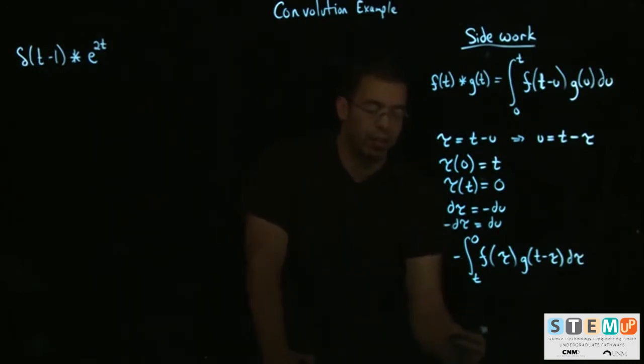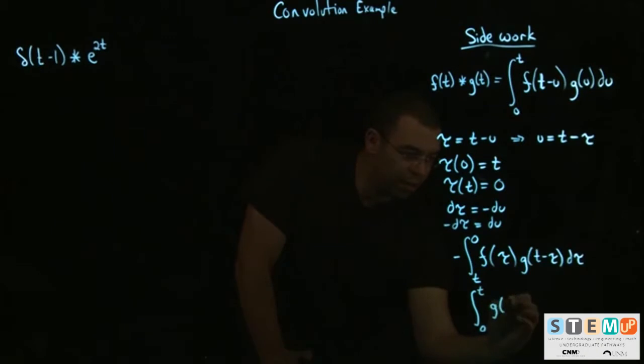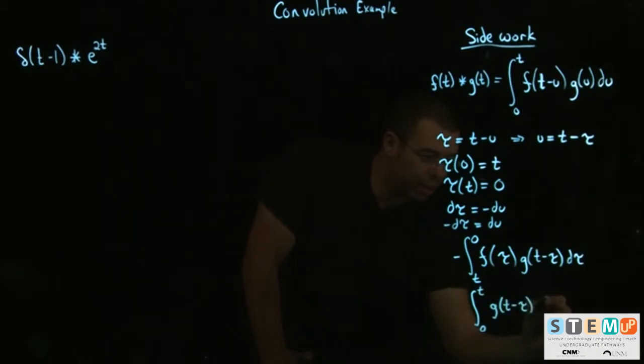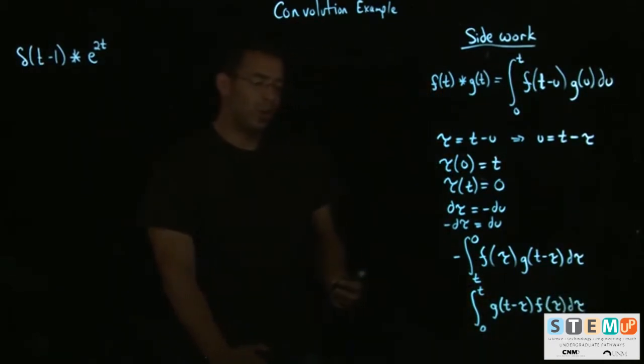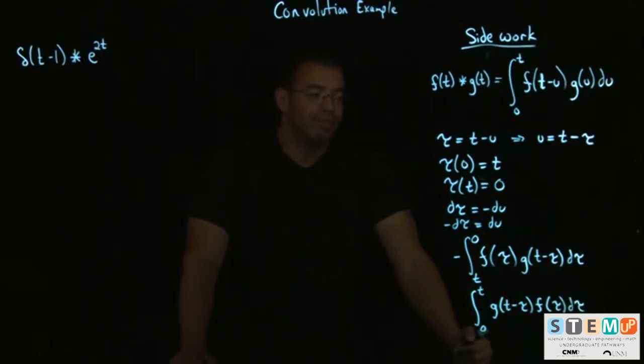So let's make a quick simplification, right? Remember back in Calculus 1, if we have a negative out front here, this is the exact same as 0 to t. And I'm just going to write the g of tau first, g of t minus tau, f of tau d tau. So what is this equal to? It's not a trick, right?